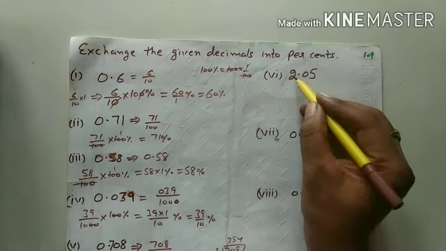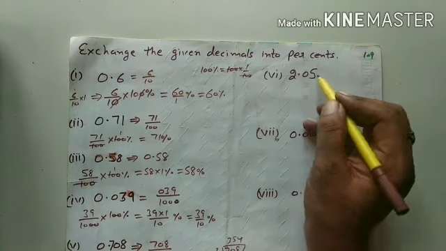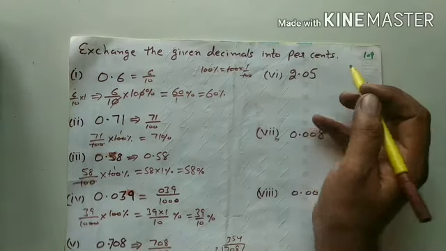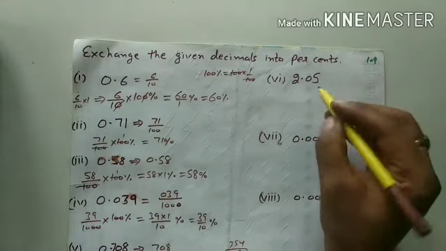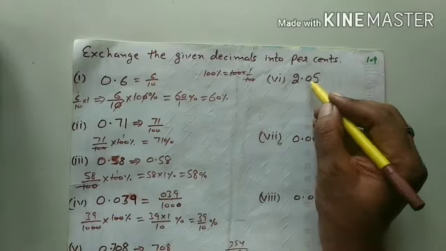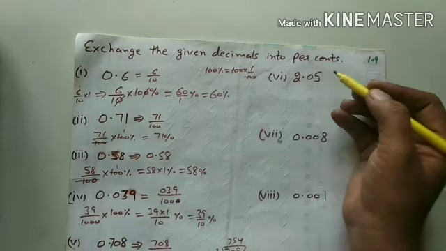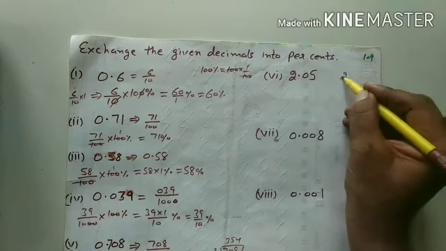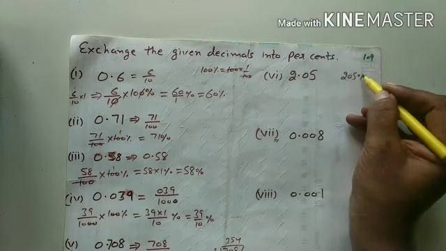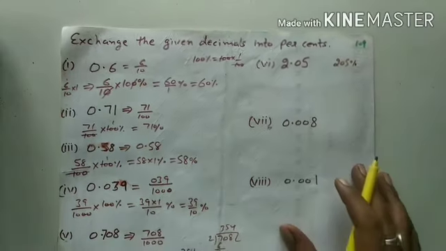See, its answer will be 205%, because after decimal how many digits are there? 2. So you can write 205%. I can write the answer directly, 205%. Okay, this is the answer.